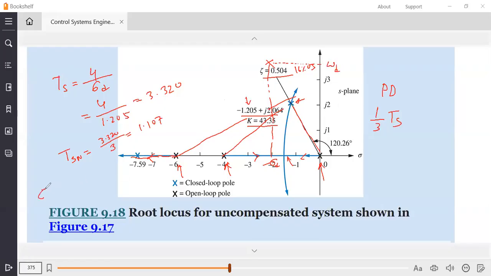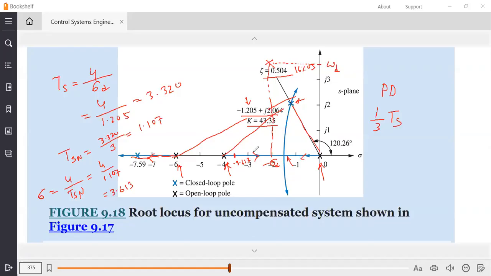So sigma is 4 by Ts, which gives you 4 by 1.107, which is 3.613. So we know our location should be somewhere here on the real axis, minus 3.613.